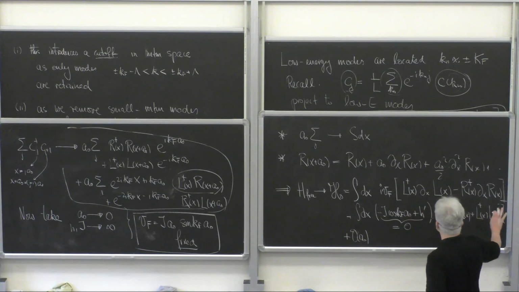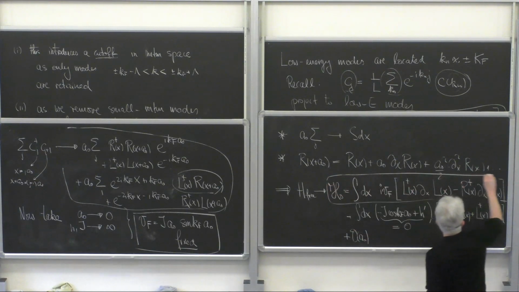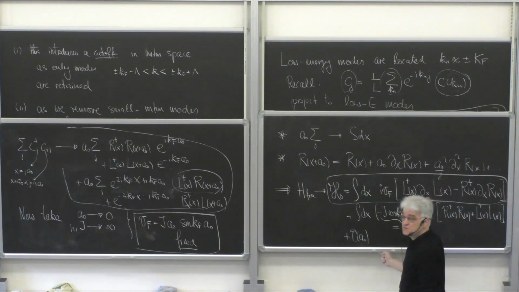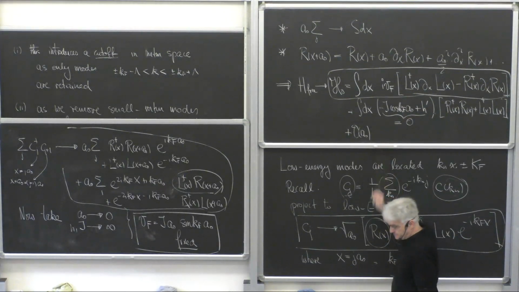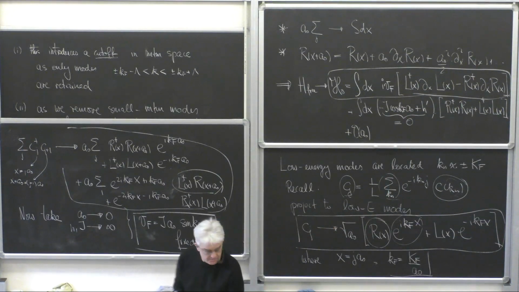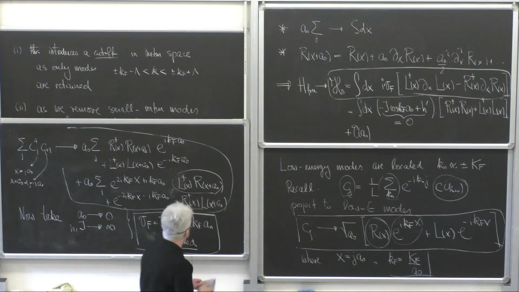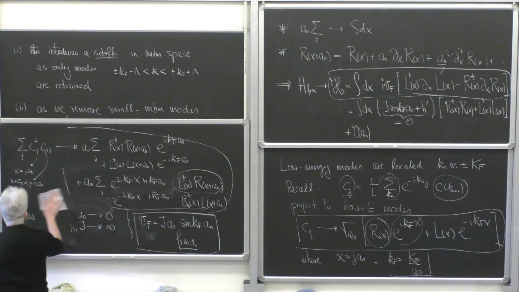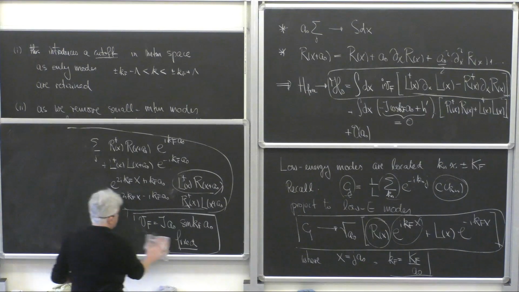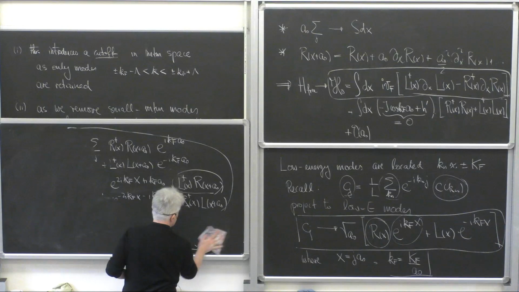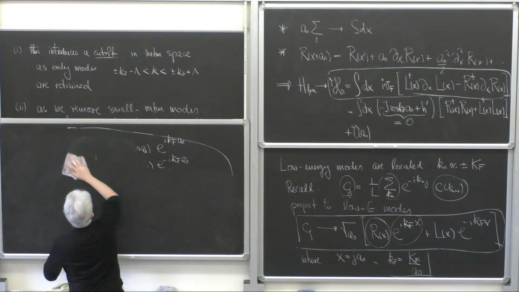So this term precisely goes away, so the only thing that remains is this free relativistic fermion. So that's it. This is what happens with the non-interacting part. And now we do the same with the interactions.